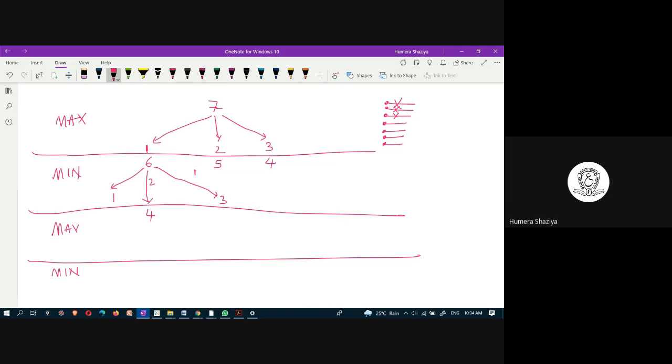When from 6, if 2 are chosen, 4 is left. If 1 is chosen, 5. Here if 1 is chosen, 4. Here one more option is there: 3.